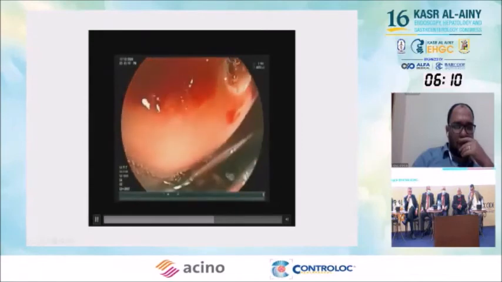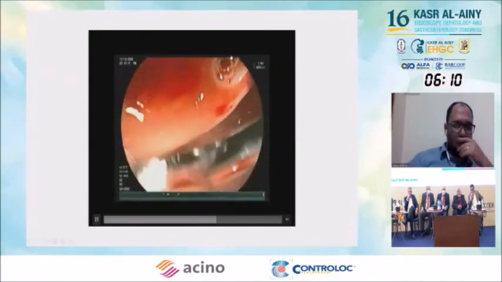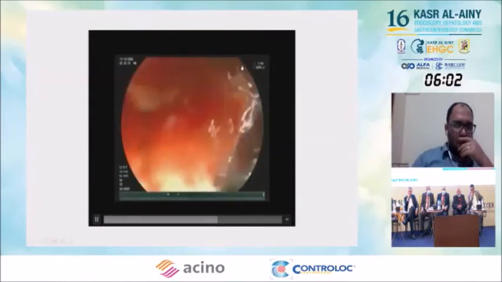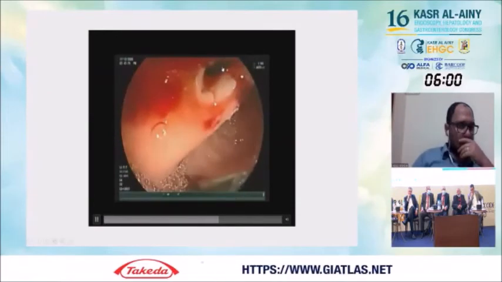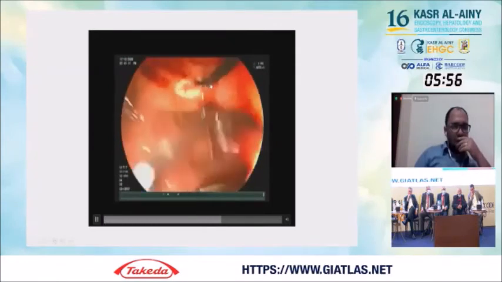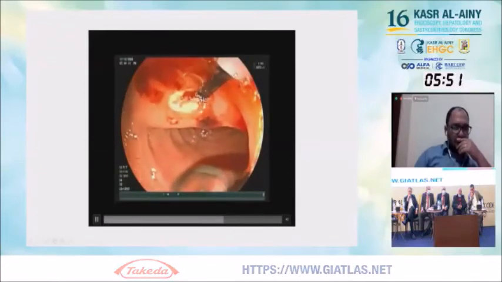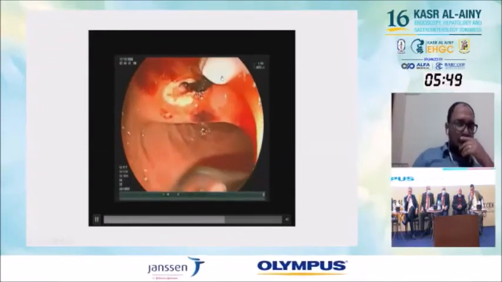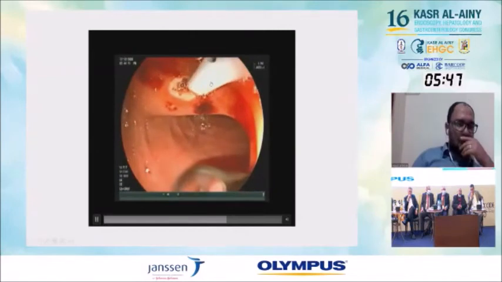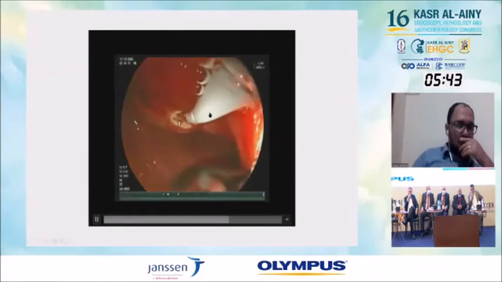The stent migrated internally to the cyst, so we rapidly cannulate the cyst again directly with the guiding catheter over the guide wire, and start slowly to insert a second double pigtail stent, 7 centimeter 10 French.